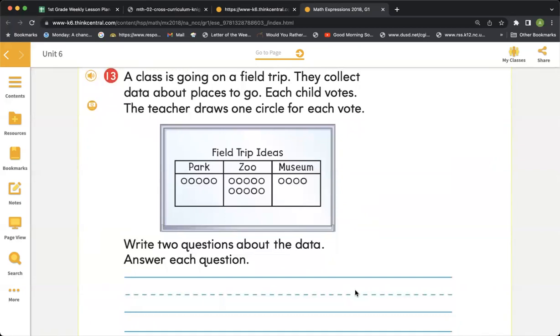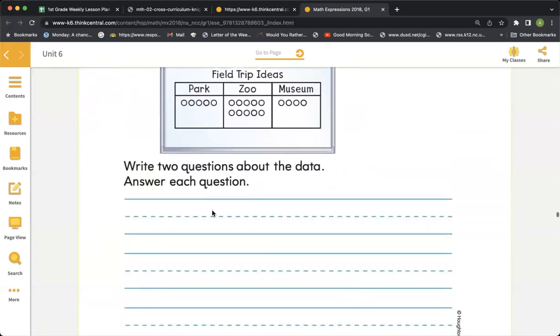For example, how many people chose the zoo? Which group has the most? How many fewer people chose museum than zoo? These are all different examples. What's the total number?